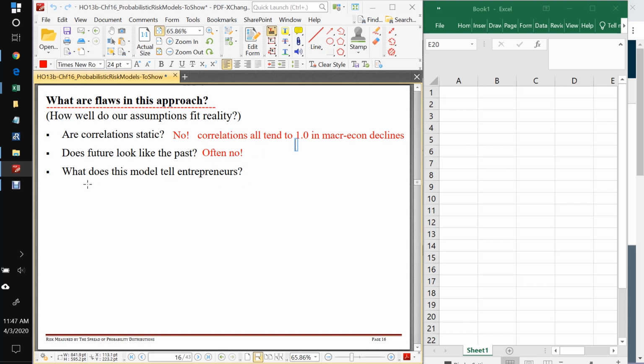And finally, what's another flaw with this approach? What does this model tell entrepreneurs? Well, entrepreneurs generally are encouraged to put all their eggs in one basket. And so really what this is telling entrepreneurs is don't be an entrepreneur.